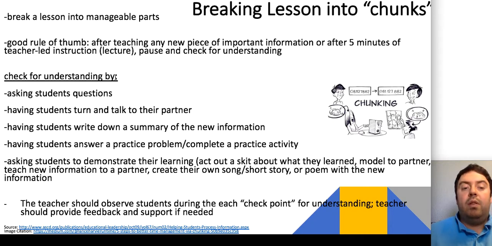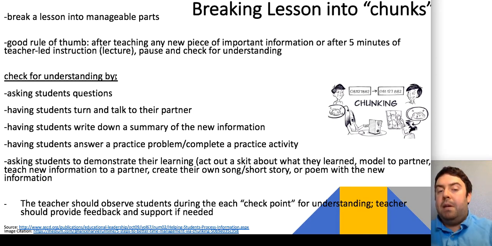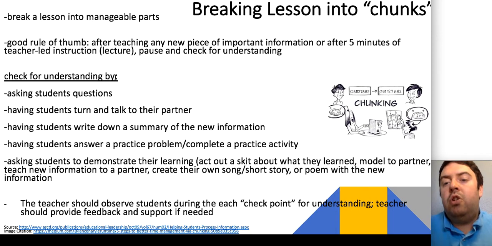Maybe summarize what they've learned, turn and talk to their partner, act out what they learned, or model what they've learned. Maybe answer practice problems, or demonstrate their knowledge in some way, create their own representation of their knowledge. After you see that students have mastered that one specific chunk, then you can move on to another piece of information.